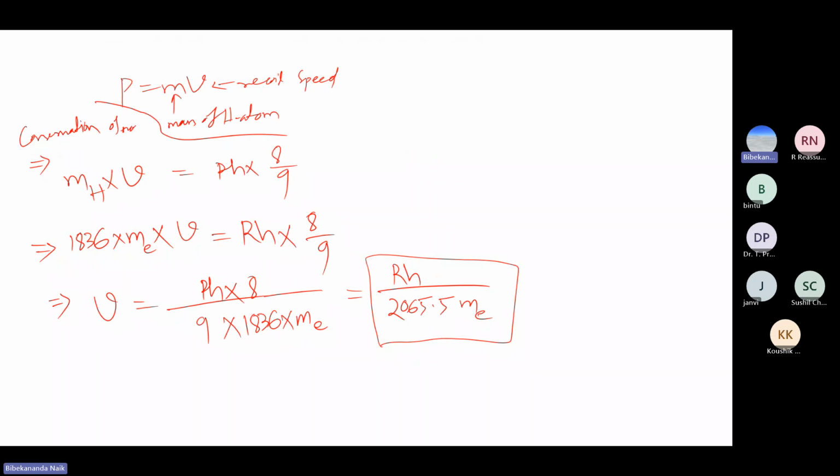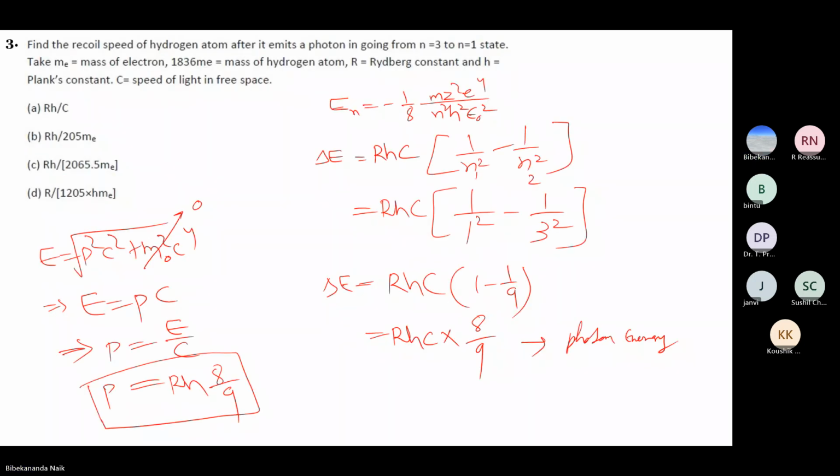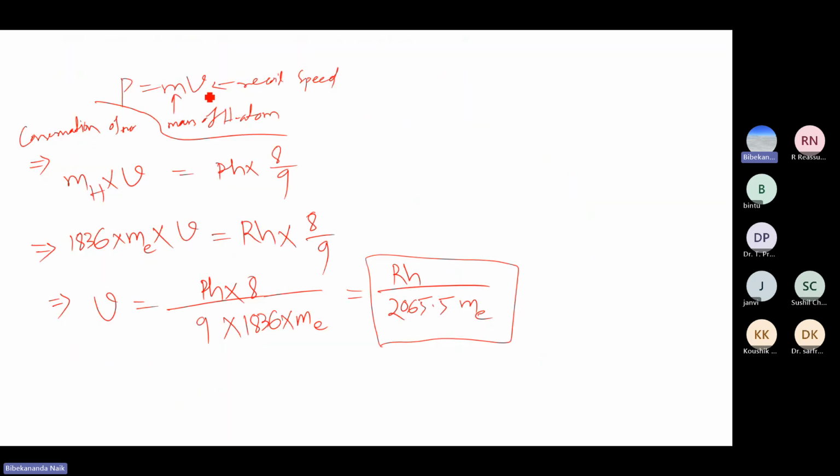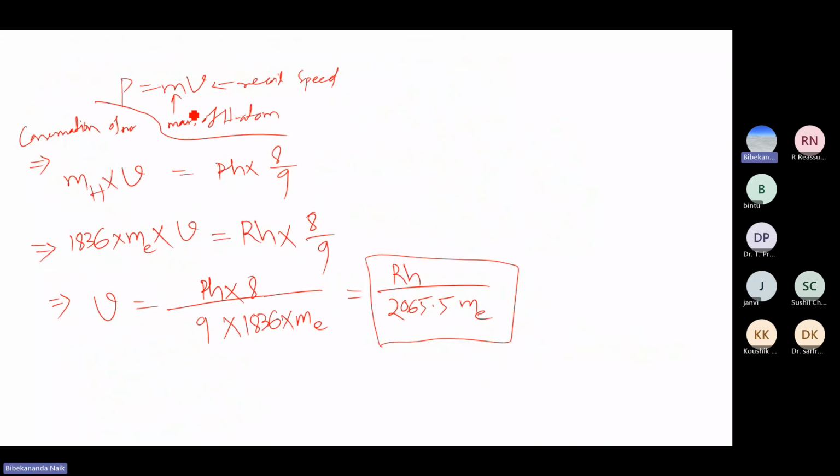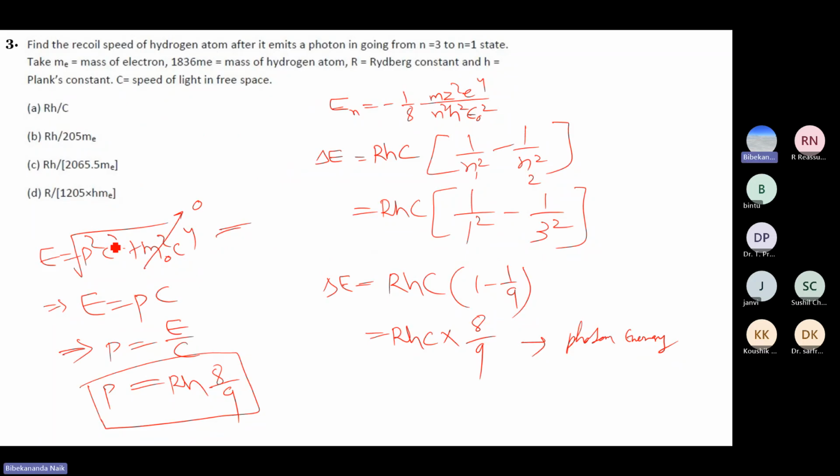One thing here you can ask: why are we using this relativistic relation here, but the simple relation P equals MV there? Here P equals E by C, but there P equals MV. The relativistic case comes when there is motion of a system comparable to the speed of light.